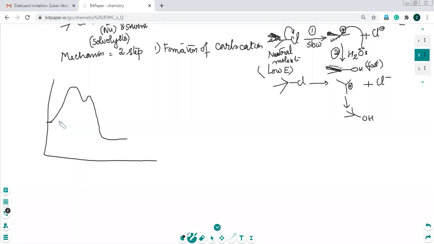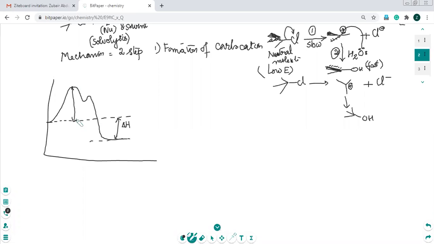So this is the energy of the starting material, and this is the energy of the final product. So this is the overall delta H. Now look at the first step. This is the transition state, the first transition state.